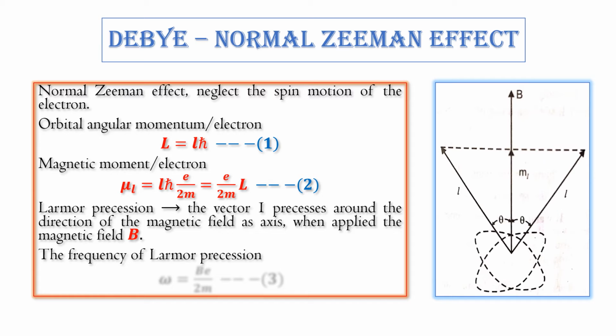Then we can write the frequency of Larmor precession, that is omega equal to Be by 2m. In this, capital B represents the magnetic field, small e is the charge of the electron, and small m is the mass of the electron.